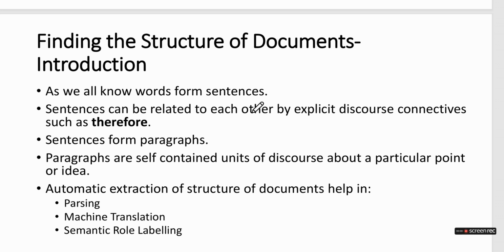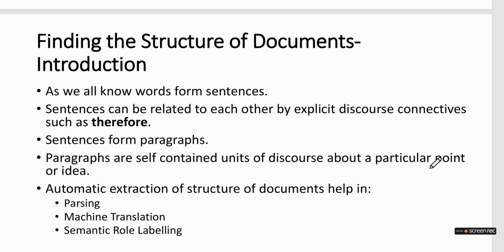So we discussed finding the structure of documents, that is, extracting information, extracting the structure of a document. The structure of a document contains many types of information, which we already discussed. Why do we need to extract the structure of the document?